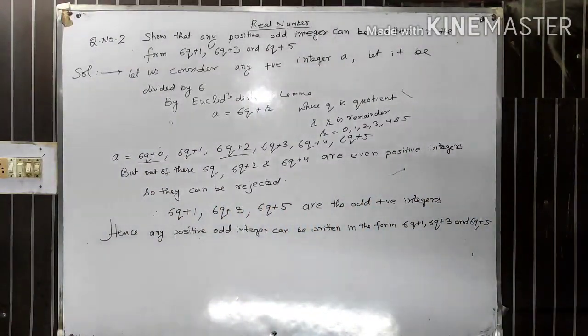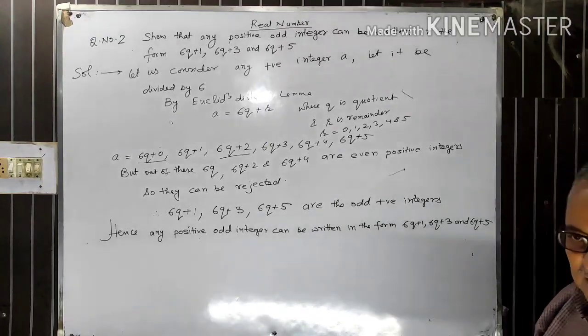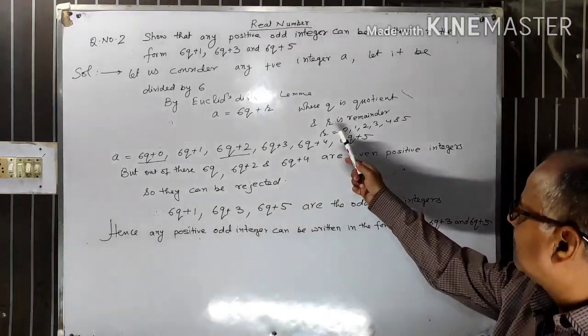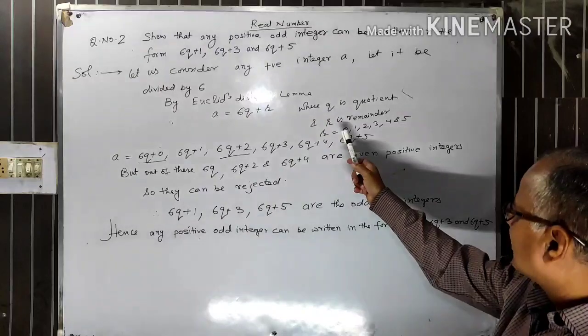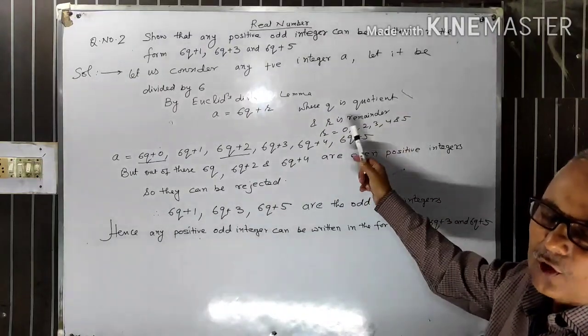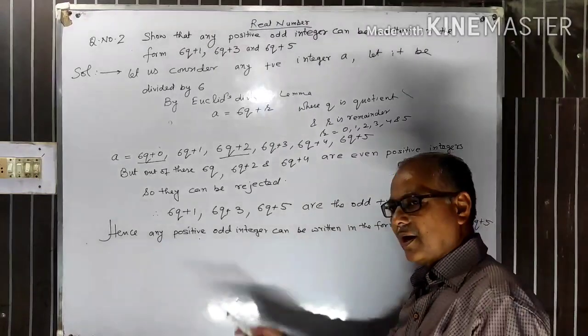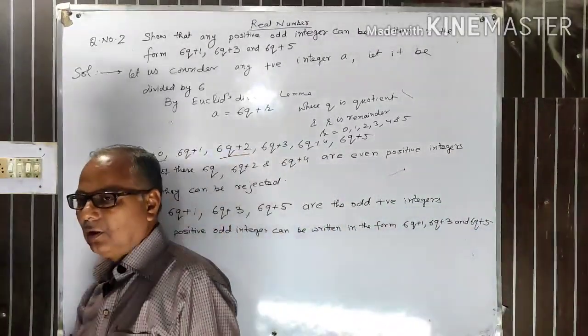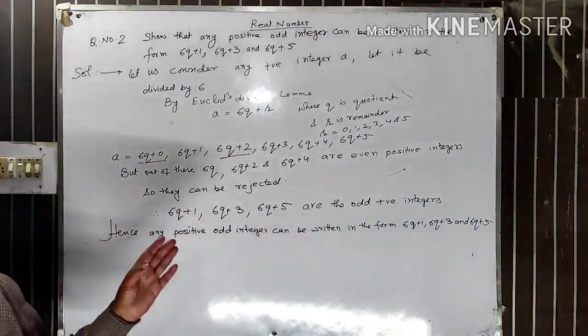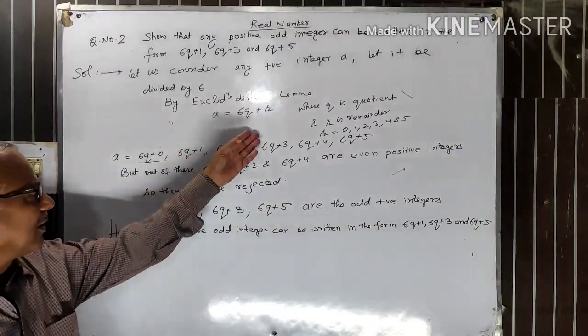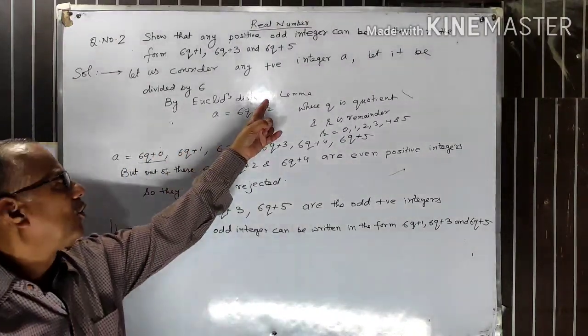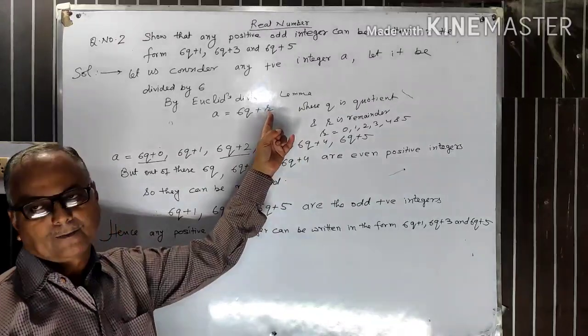6q plus r, where q is quotient and r is remainder, and the value of r lies from 0 to 5, 0, 1, 2, 3, 4 and 5. So a can take any value. A is equal to 6q plus r. So you can write different values of r here.